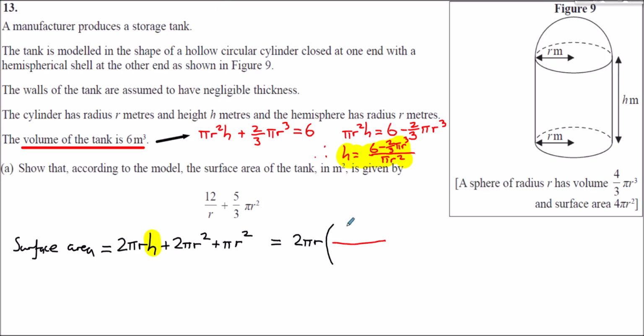So it's 2 pi r times 6 minus 2/3 pi r cubed all over pi r squared. And 2 pi r squared plus another pi r squared, I can fairly easily just simplify that to 3 lots of pi r squared.